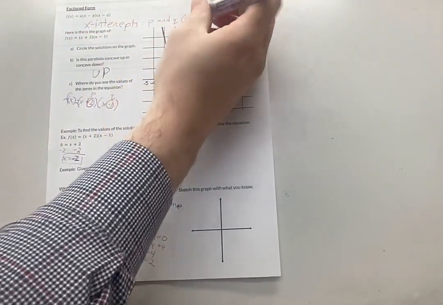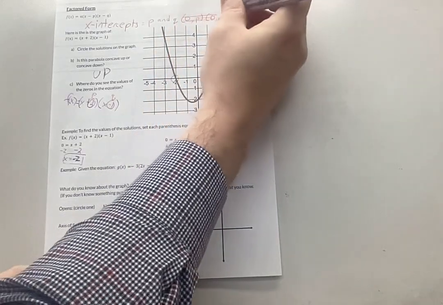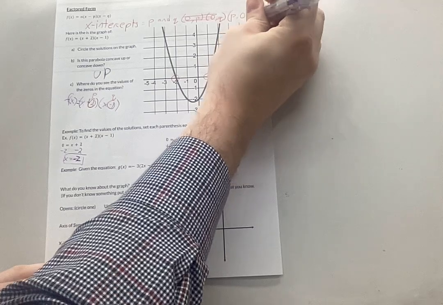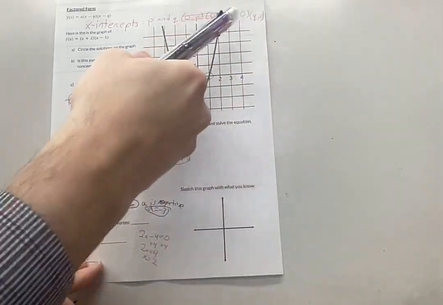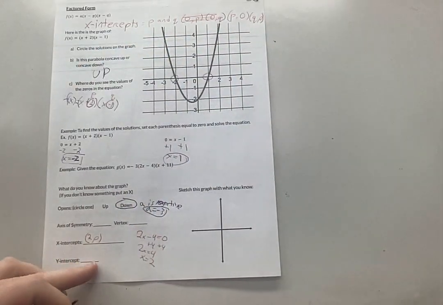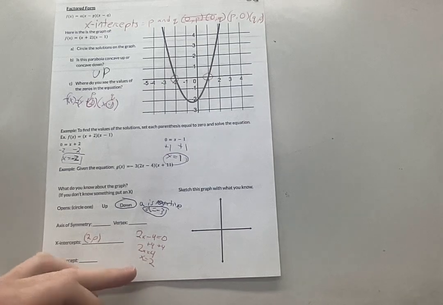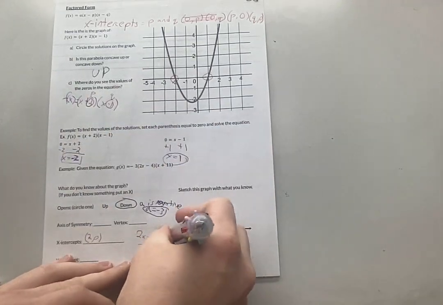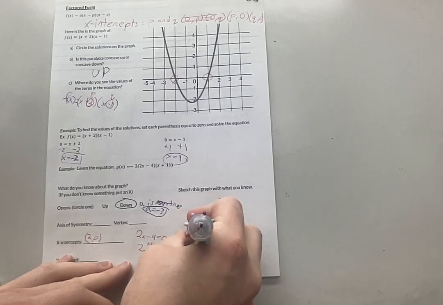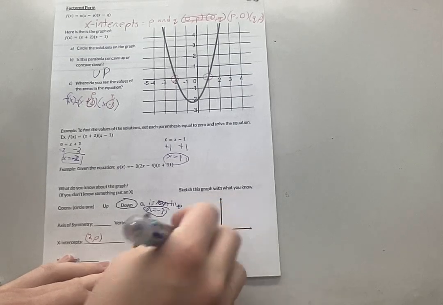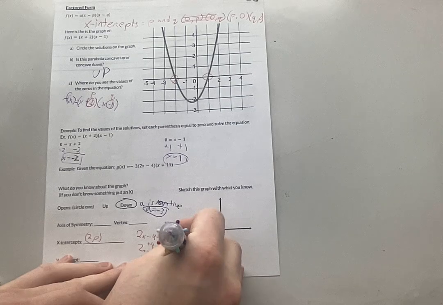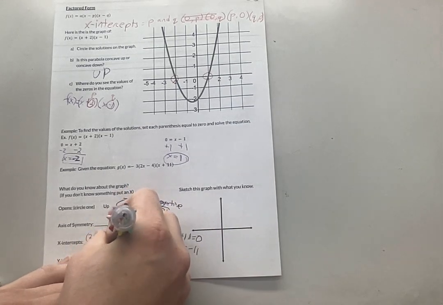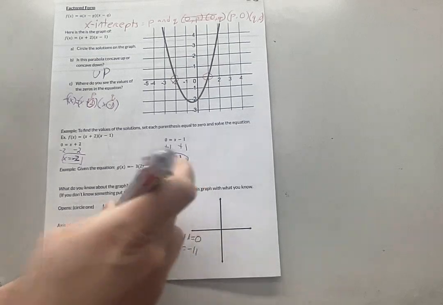And earlier, forgive me, the order should have been (p, 0) and (q, 0), because x-intercepts would have an x value first. And for the other x-intercept, we would set the other parenthesis, x plus 11, equal to 0. And in this case, it's much more simple. X equals negative 11. So another x-intercept we have is (negative 11, 0).